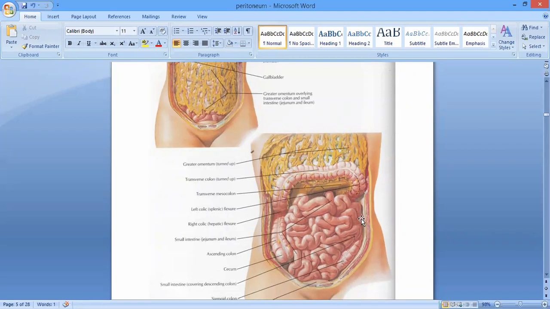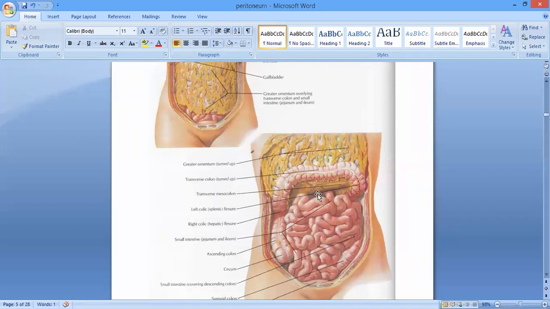So this attachment of the greater omentum coming from the greater curvature of the stomach and going to roll back on itself, and is going to attach along the transverse colon, which is going to divide the abdominal cavity into two compartments, the supracolic compartment and the infracolic compartment. The supracolic compartment consists of the stomach, liver, spleen, and the lesser omentum, right?